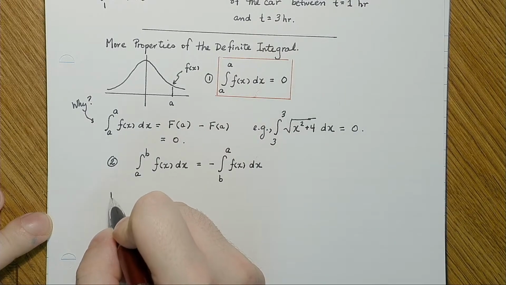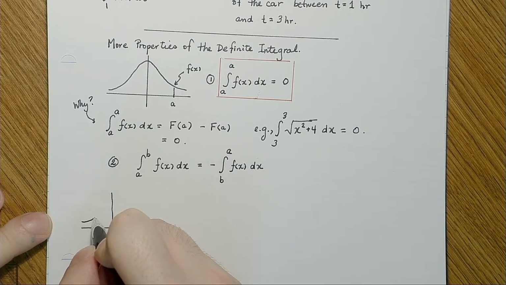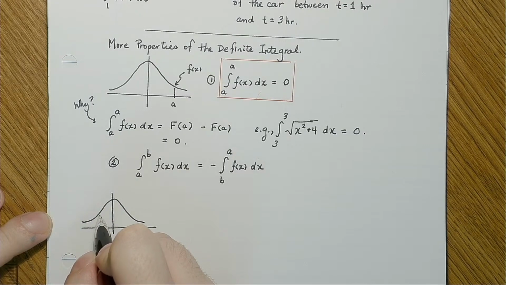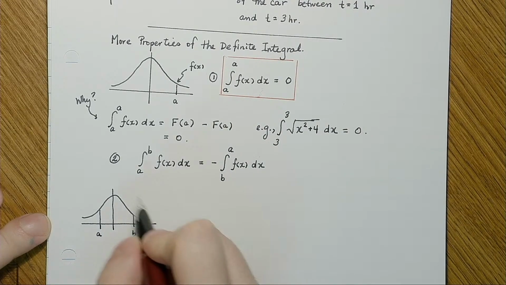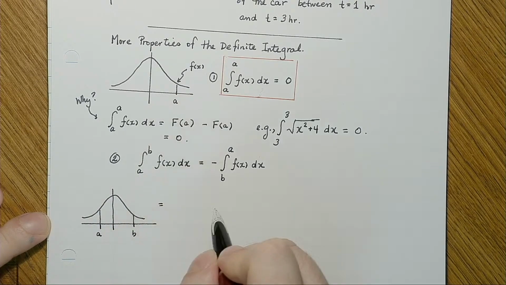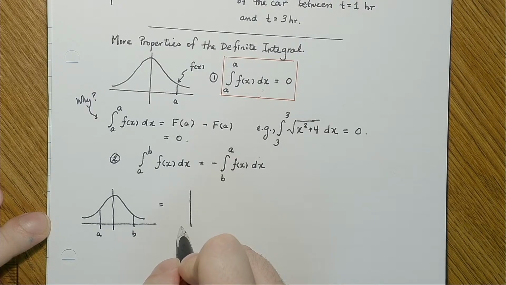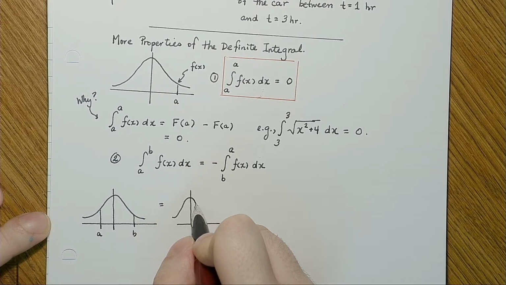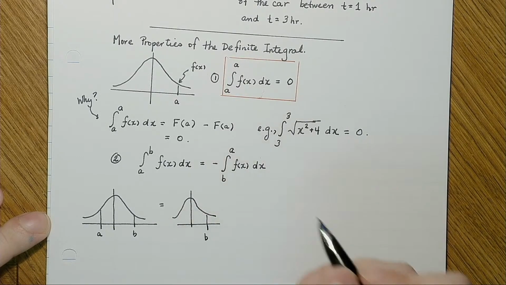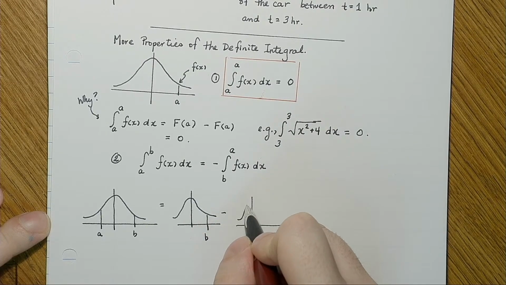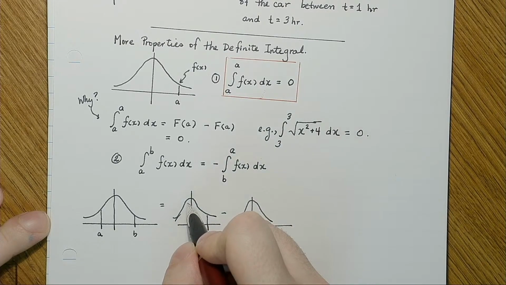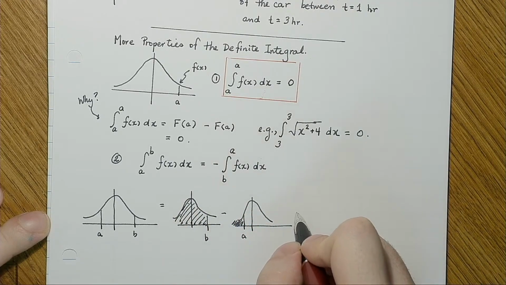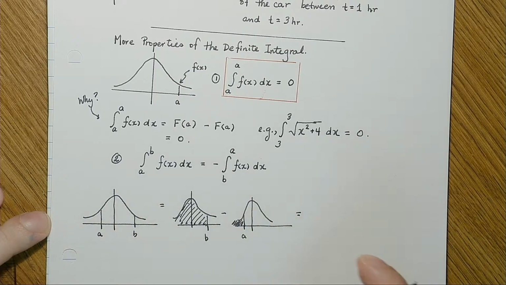The reason for that is, if I think of something like this, and I'm going to go from, say, A to B, well, for this one right here, the way that we usually think about that is we usually integrate up to B, and we subtract the area up to A, and that's what we get. We get that area in between.